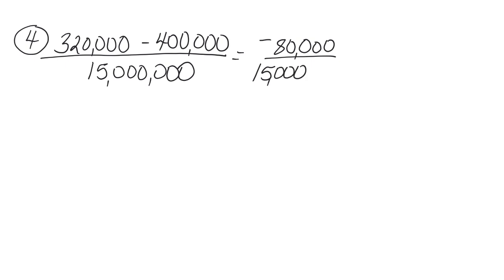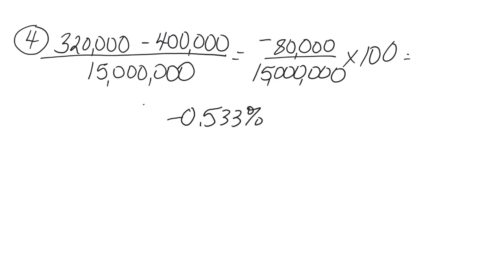And so we're going to have actually a negative growth rate, which is a shrinking population. And so our answer ends up being a negative 0.533%, rounding again to 3 significant digits. And so this would be a country that has a declining birth rate, such as Japan or Italy.